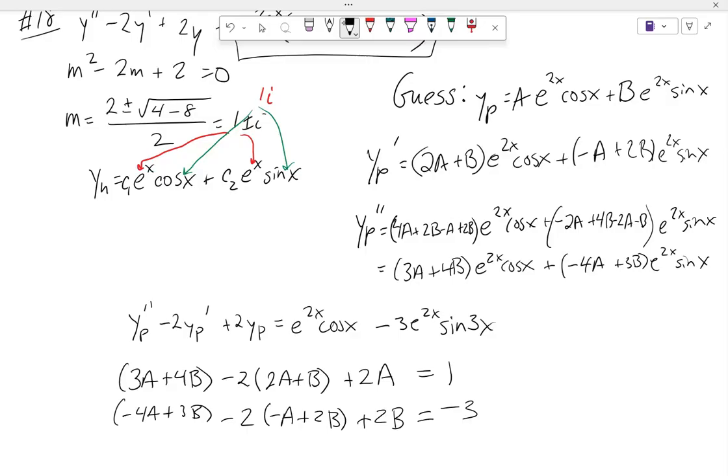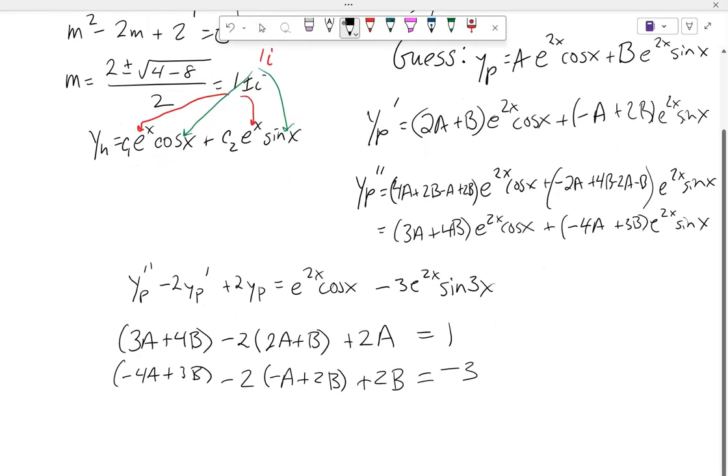Again, there's not a lot of calculus involved in these problems, are there? Just differentiating your YP a couple of times. Everything else is algebra. All right, let's see here. 3 minus 4 is negative 1 plus 2 gives me an A. 4 minus 2 gives me a minus 2B. That equals 1.